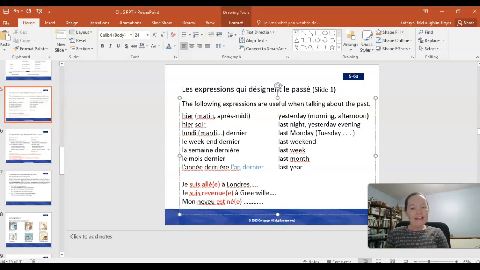Okay, so I can take any of these time expressions and create my own sentences with them using the passé composé. So I could say, je suis allé à Londres. I went to London. And I can use any of these expressions. I could say hier soir. Okay, I went last night or yesterday evening. That's probably unlikely that I could go there and come back so fast.